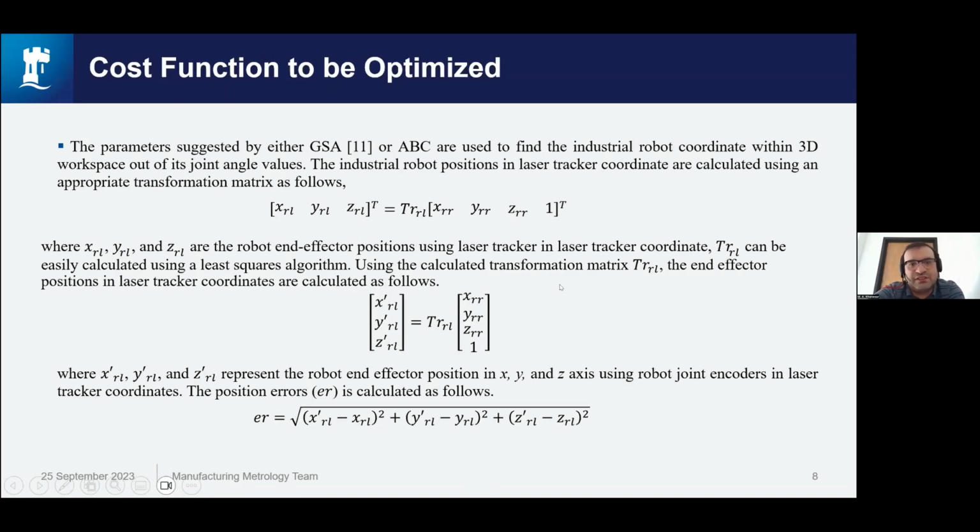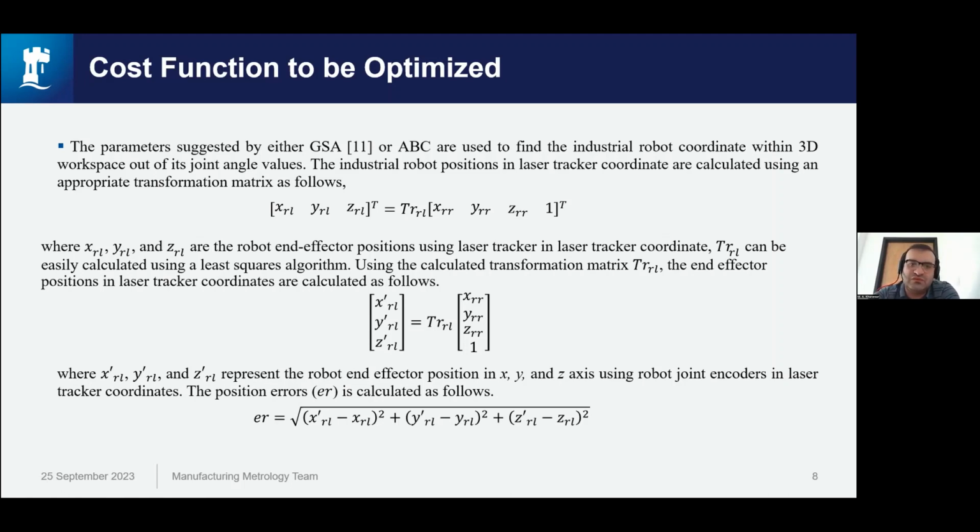So the way we have calibrated the industrial robot DH parameters, we found out the position of the industrial robot using the forward kinematic, as well as the feedback which is provided by the laser tracker. Of course, these two types of parameters are in two different coordinates.